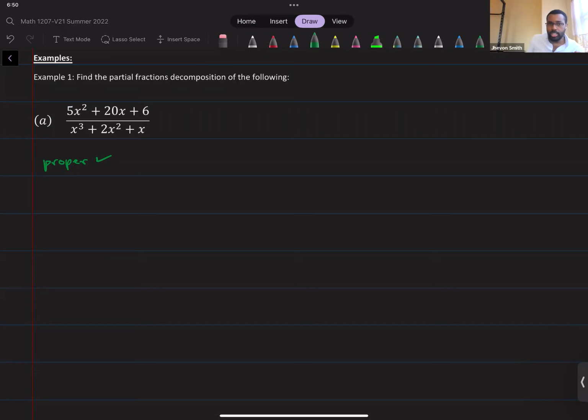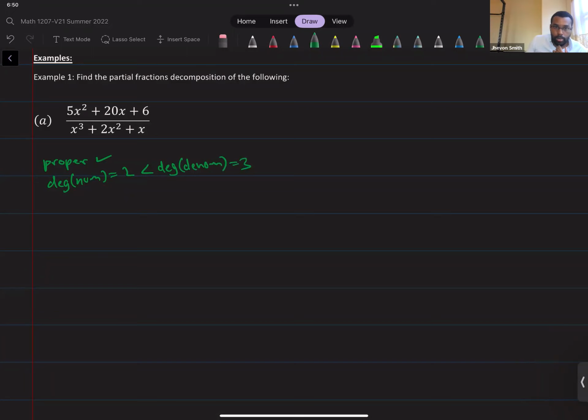So the degree of the denominator is 3. The degree of the numerator is 2. 3 is strictly bigger than 2. Therefore, it's proper, because the degree of the numerator, 2, is strictly less than the degree of the denominator, which is 3.